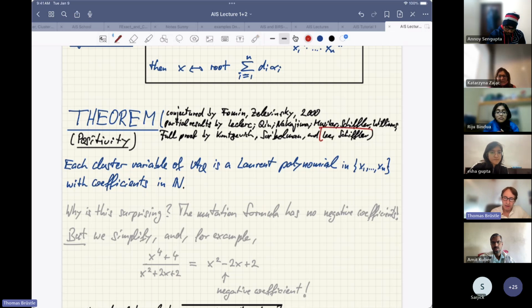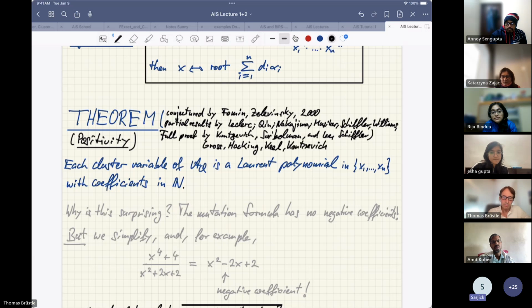So Lee Schiffler did it for quivers, and for the full general version, there's also Gross Hacking Keel. So the last, very general result is Gross, Hacking, Keel, Kontsevich. They did it for valued quivers, I suppose. Yes. This is the most general result.